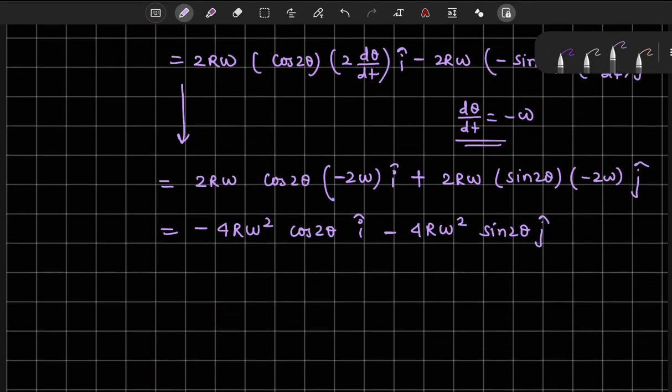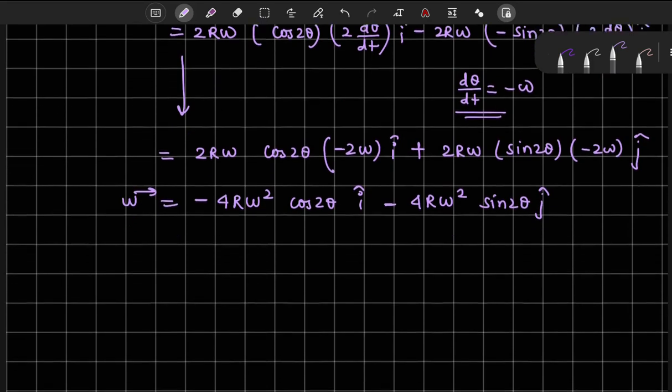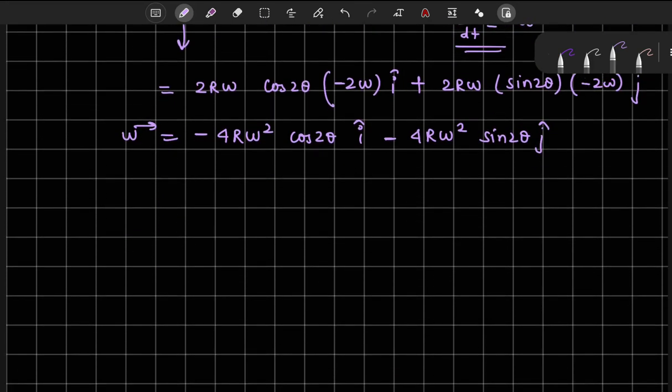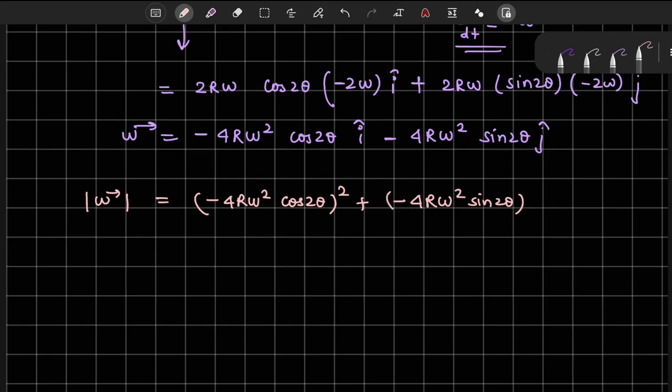So this is the acceleration vector we got, and the magnitude of this particular acceleration vector we can write as mod of w vector is equal to square root of minus 4r omega square cos 2 theta whole square plus minus 4r omega square sin 2 theta whole square.